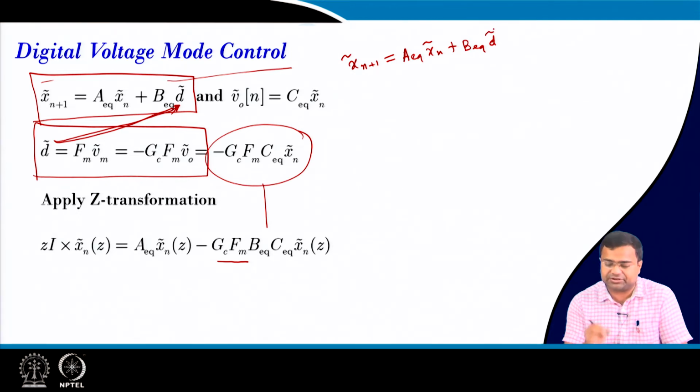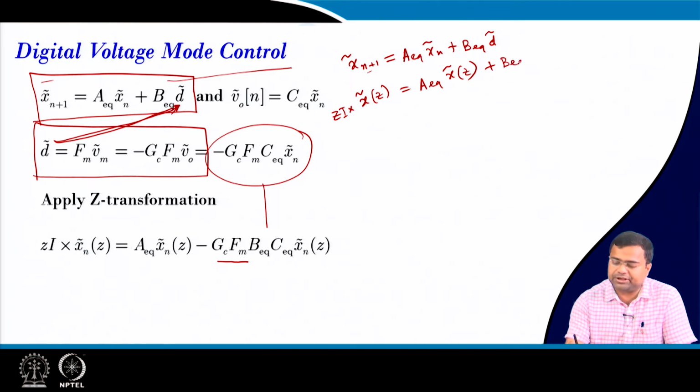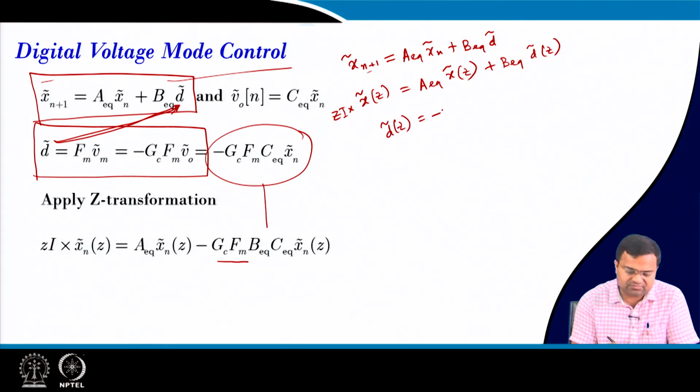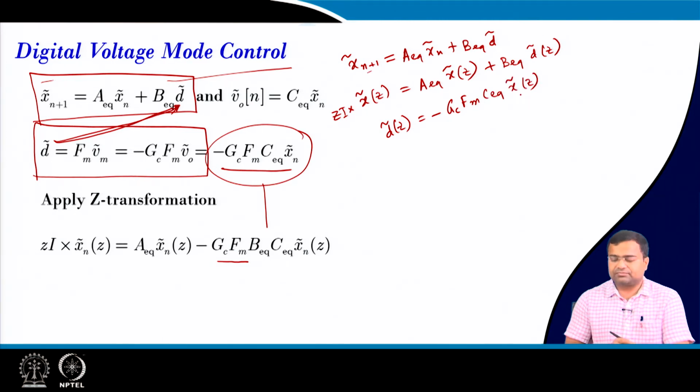If we take the Z transform, then what will we get? z xz, because of n plus 1, is equal to A equivalent into xz plus B equivalent into dz. And what is our dz? We have discussed it is minus Gc Fm C equivalent into xz. If we replace here, then what will we get?